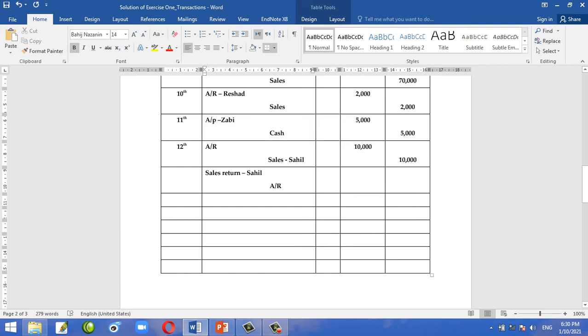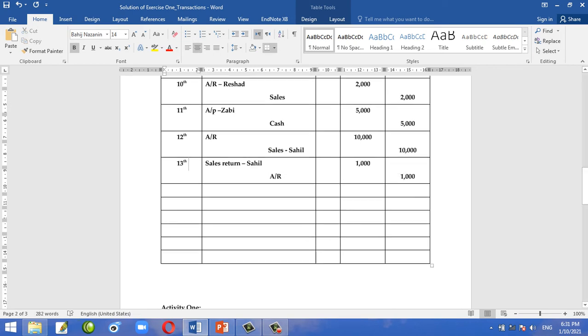Right now there is a problem in merchandise worth 1,000. So we can record the sales return worth 1,000. We write also 1,000 in the credit side. If the transaction was on cash, we could record cash against accounts receivable. That was the 13th of October.